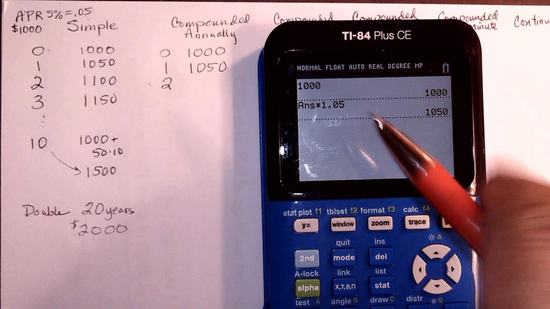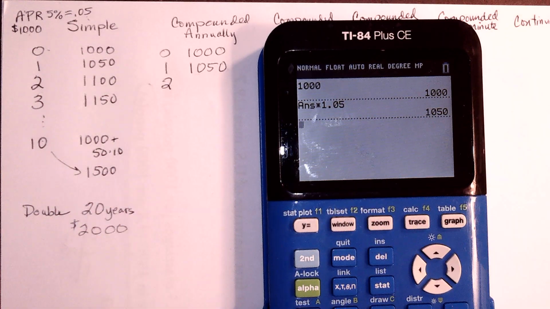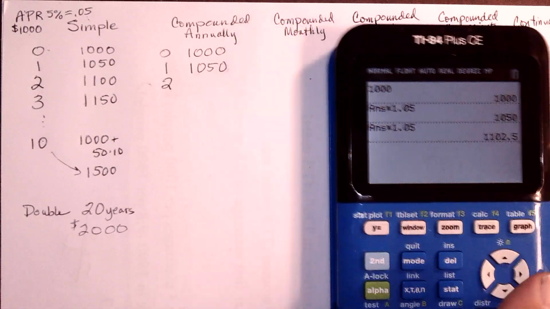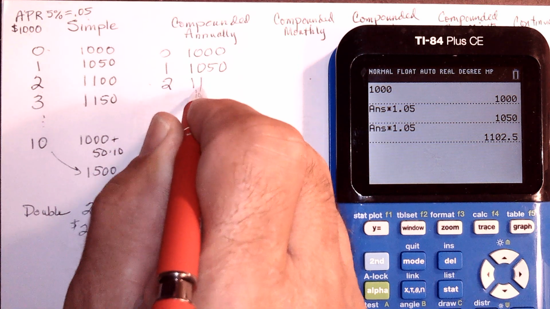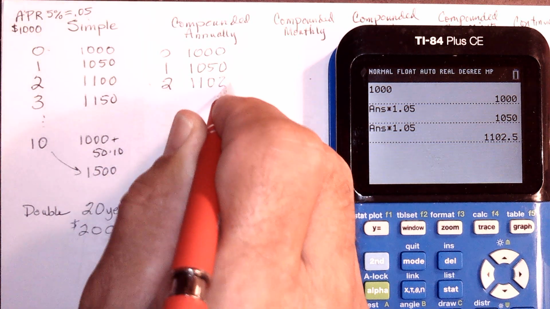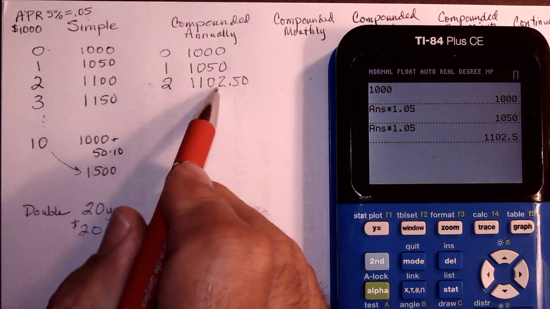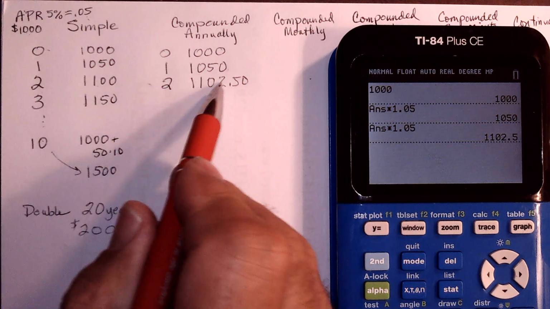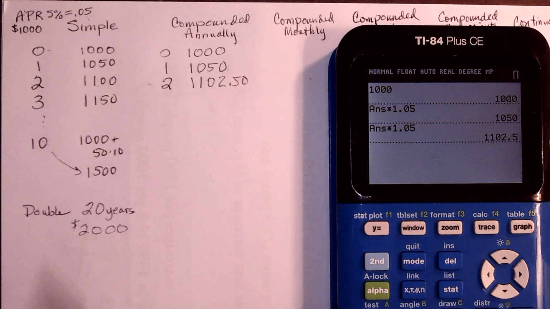But since it's set up to take this answer times 1.05, if I press enter, it tells me how much after 2 years. And it says it would be $1,102.50. So now after 2 years, I make $2.50 more than I had on simple interest.